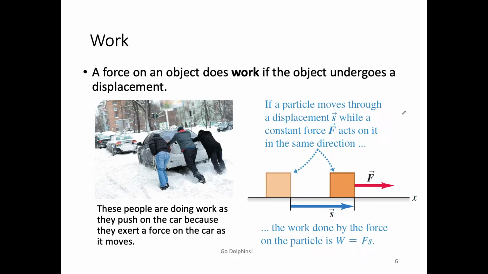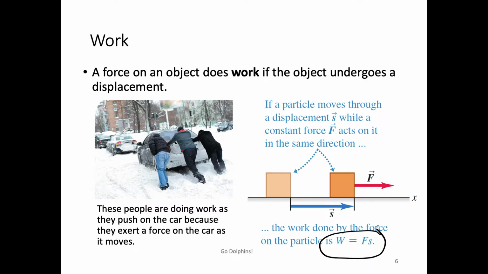If you have a constant force pointing in one particular direction, and then you have a displacement of the object, let's first take F in the same direction as S. Then by definition, the work done by this force is simply force times displacement.